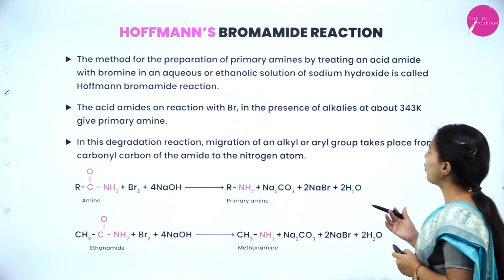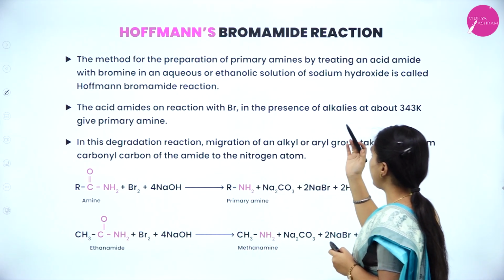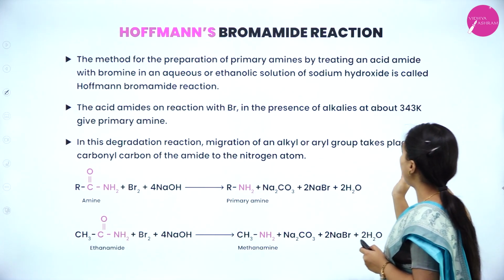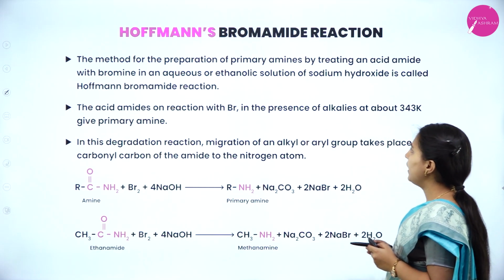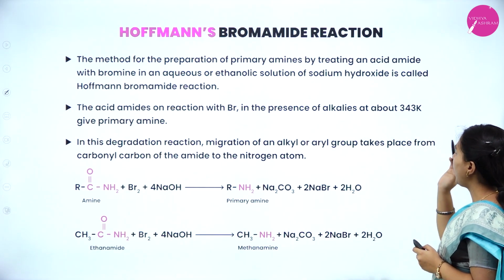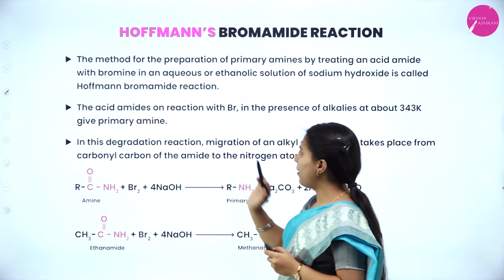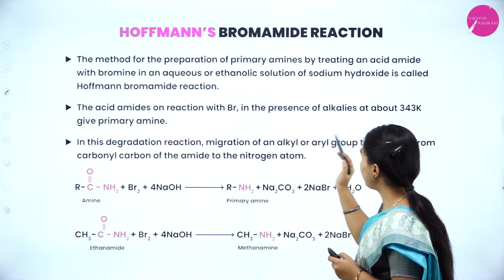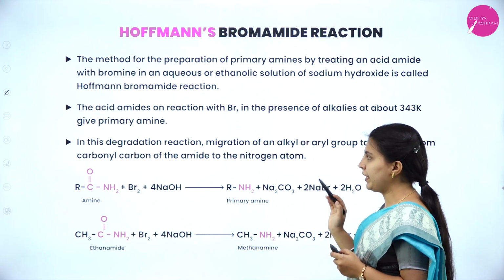Next, Hoffmann's bromamide reaction. The method for the preparation of primary amines by treatment of an acid amide with bromine in an aqueous or ethanolic solution of sodium hydroxide is called Hoffmann bromamide reaction. The reaction of amides with bromine in the presence of alkalis at about 343 Kelvin gives primary amine.